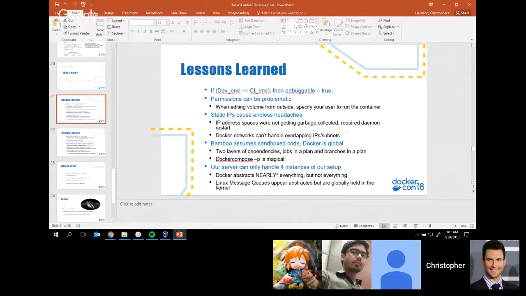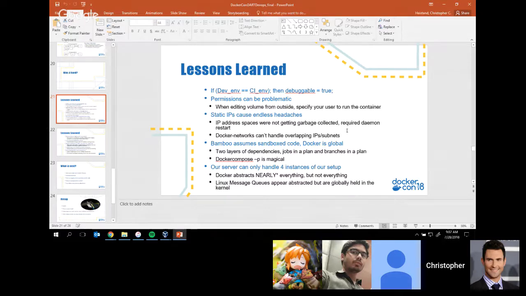We also have an issue where MQs are not actually being abstracted properly. Basically, we will run out of MQ space after running 4 of these instances, because Docker doesn't actually abstract it away, and it reaches the kernel limit, and then things soft fail.